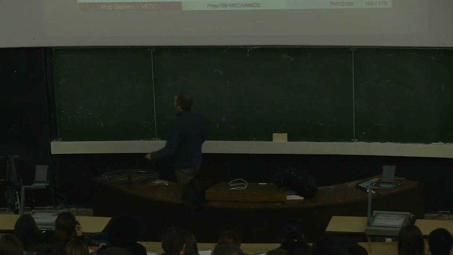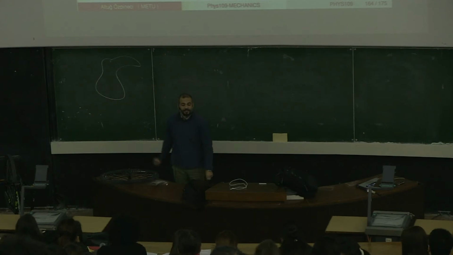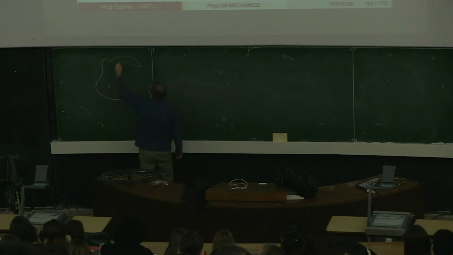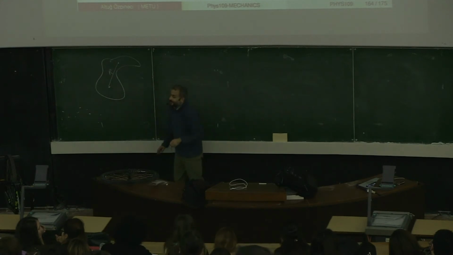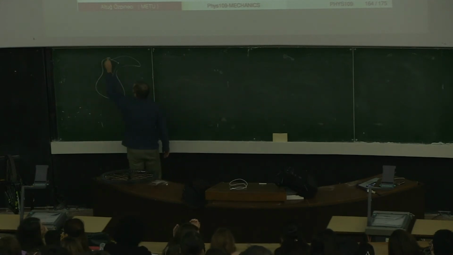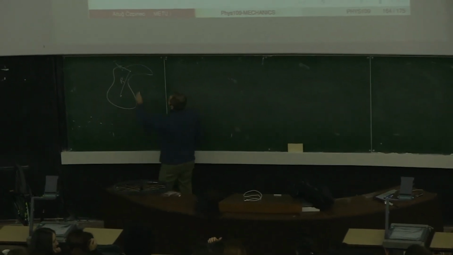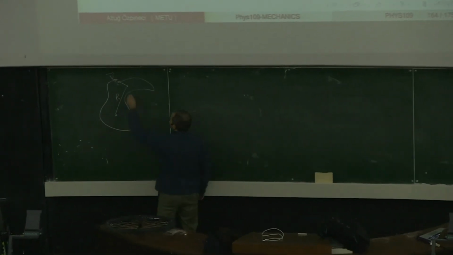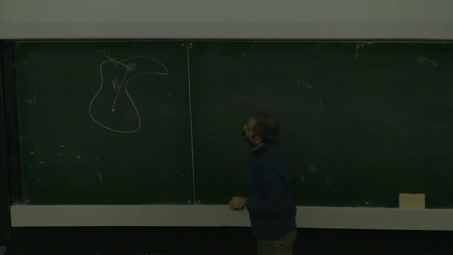So we have our rigid object. Just imagine that it's a three-dimensional object. It is rotating around this axis. Let's say that this point, which is at a distance r from my axis, is moving in this direction with some speed v. I'm dividing all my mass into very small point masses, mi.